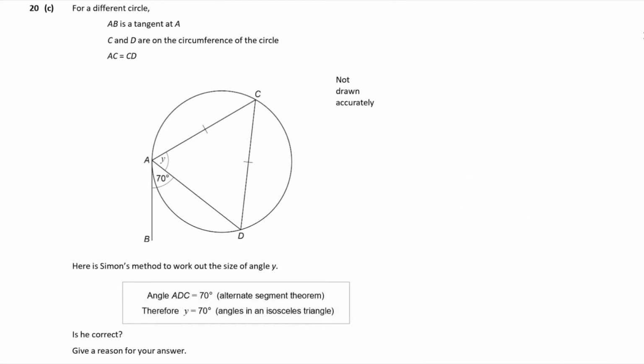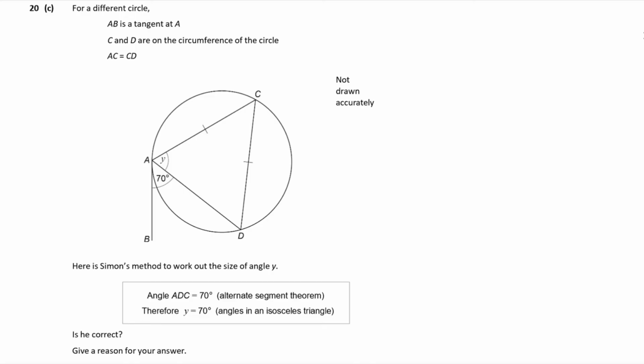20C, for a different circle, AB is a tangent at A, C and D are on the circumference of the circle, and AC equals CD. All that information is already on the diagram. Here is Simon's method to work out the size of angle Y. Angle ADC is 70 degrees, alternate segment theorem. Therefore, Y is 70, angles in an isosceles triangle.